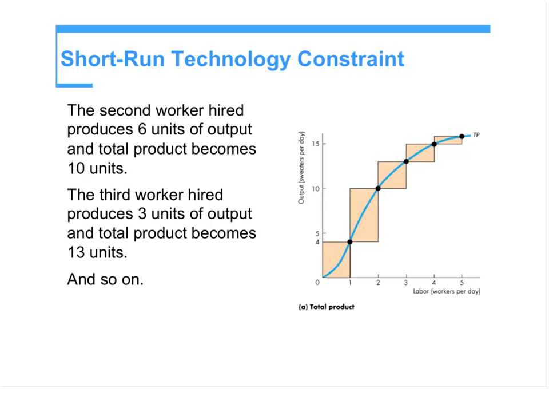The third worker is hired and 3 units is added, so 13, and so on. So as you go up and have more workers hired, the increase, or marginal product, is not going to be as much, because as you add workers, you're reducing it. It's like marginal utility, the same concept, but on a different topic.